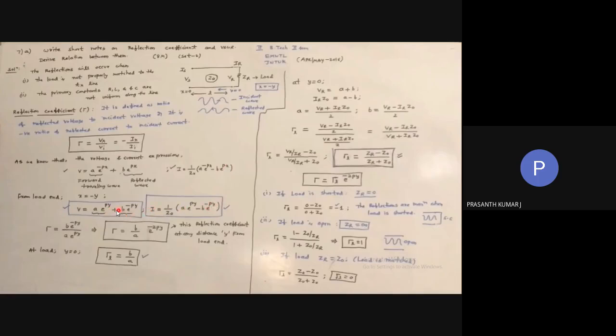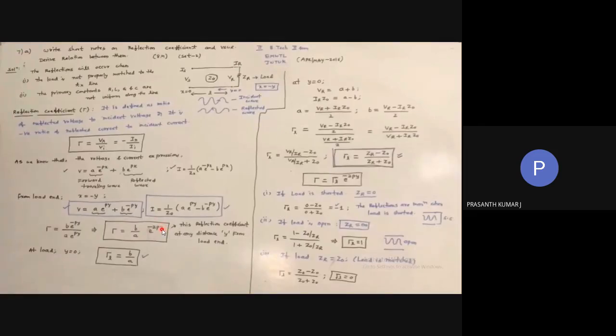These two are the voltage and current equations in terms of small y. Now from these two equations, how can you define the reflection coefficient? Eta equal to the ratio of reflected by incident. Reflected is the second term, B e power minus gamma y, by incident, A e power gamma y. So this can be written as eta equal to B by A times e power minus 2 gamma y.